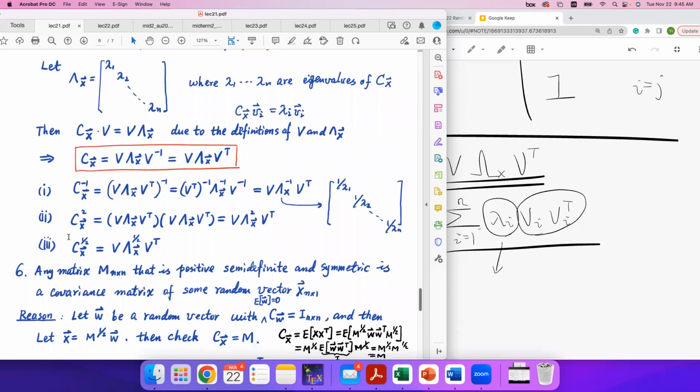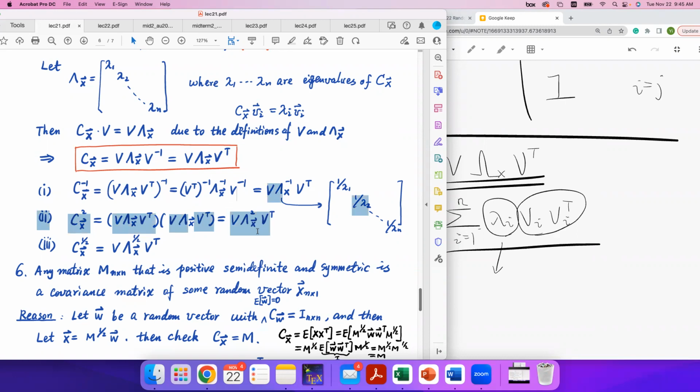So for example, if we want to evaluate the square of this matrix, meaning the matrix multiplied by itself, then by leveraging this orthogonality and the diagonal structure, we can show that you just need to square the middle diagonal matrix. V and V transpose remain the same.